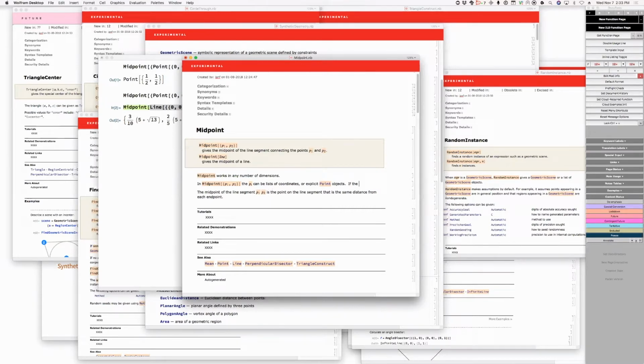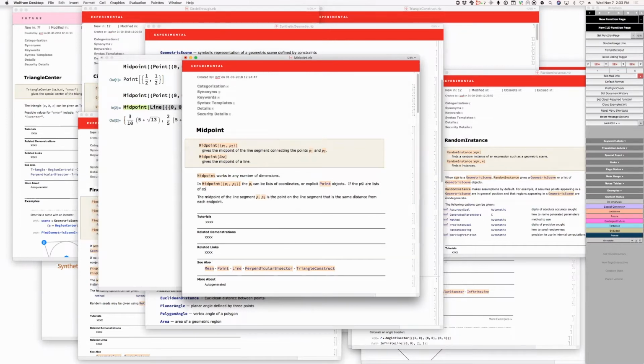If the P sub I are lists of coordinates, midpoint gives a list of coordinates as the result. If the P sub I are point objects, it gives a point object.